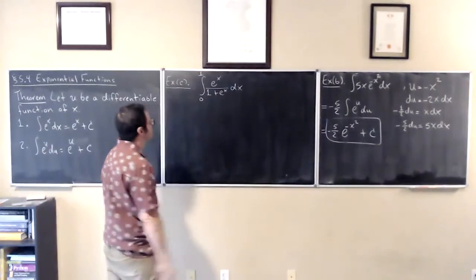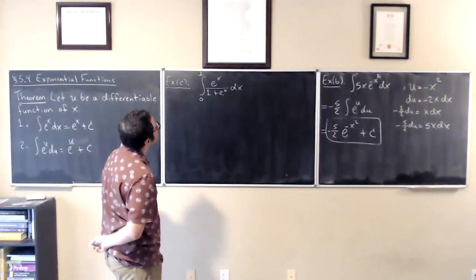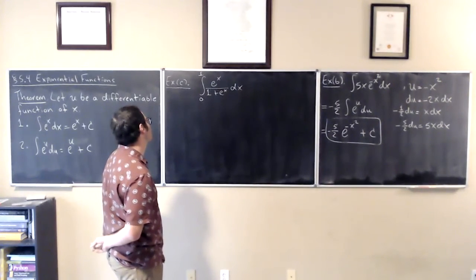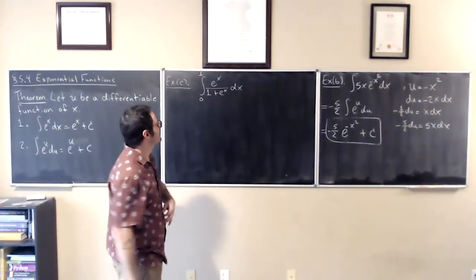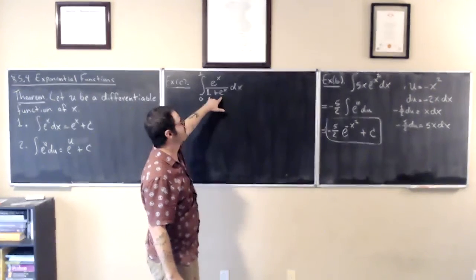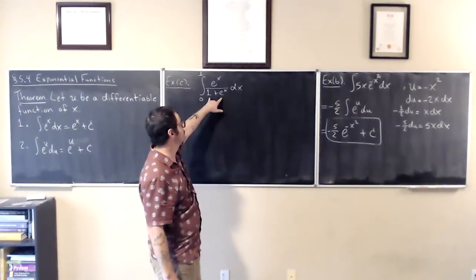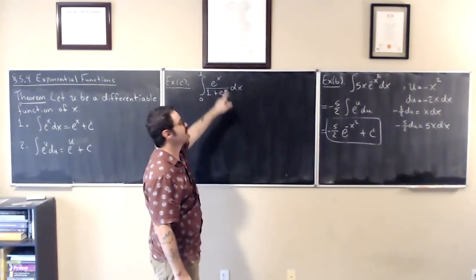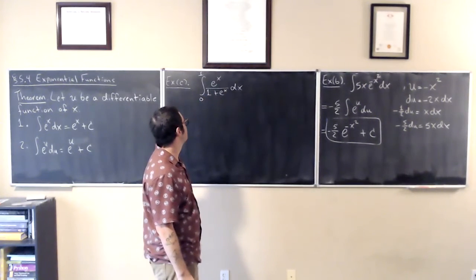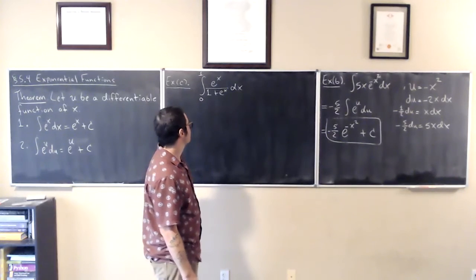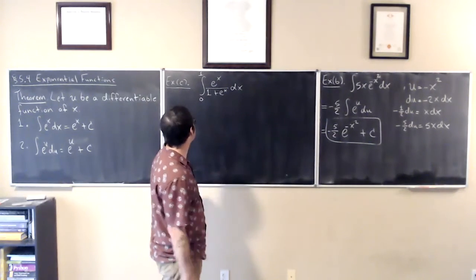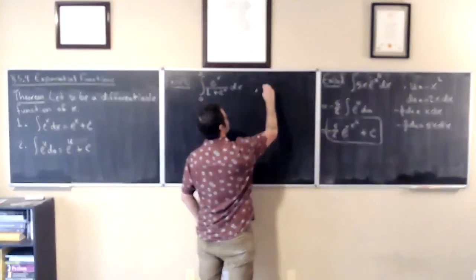Okay, so I can already see that if I let u be 1 plus e to the power x, then du is going to be e to the x dx. So this is actually really simple. I probably should have picked a harder one.